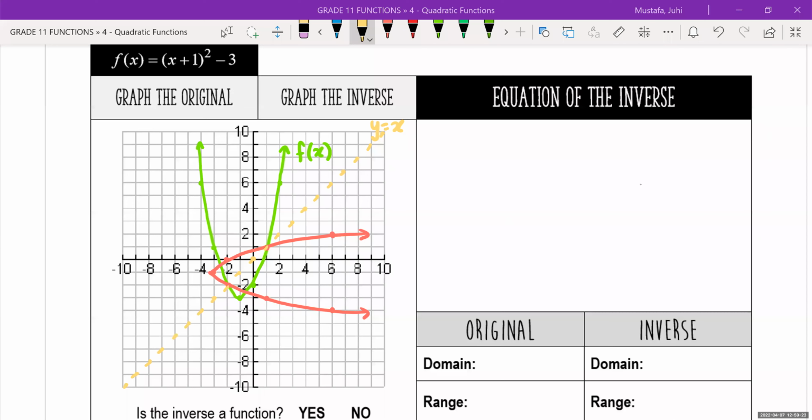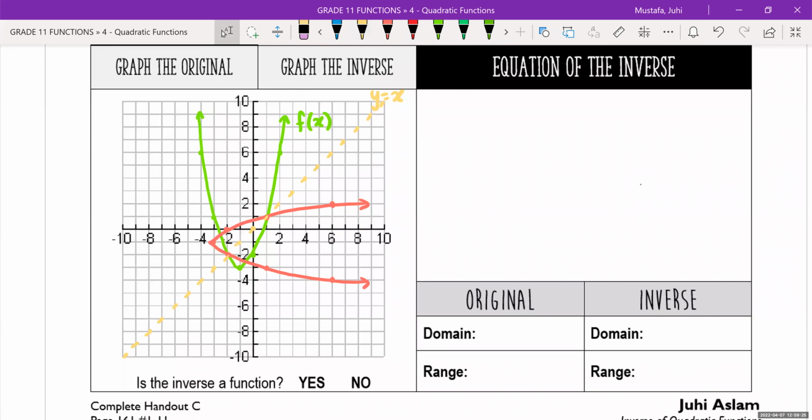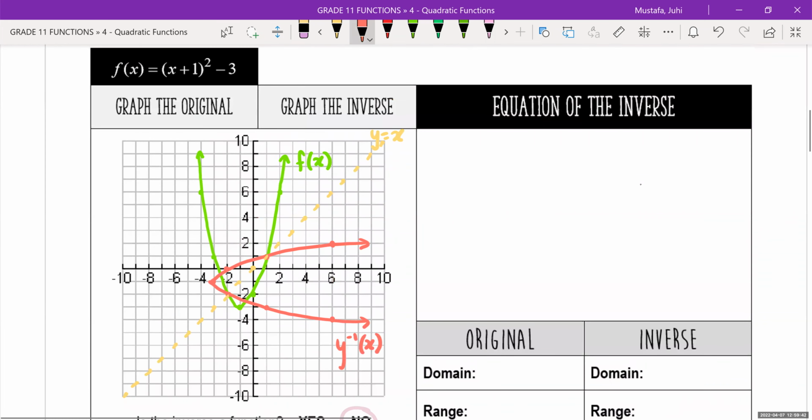Did you guys get the same kind of graph as I did? You can see it sort of flip over. Hopefully you recognize that the inverse is not a function. So when you're labeling it, you can't use f, you have to use the little cheating code that we have there. And then you are going to be writing the equation of the inverse.